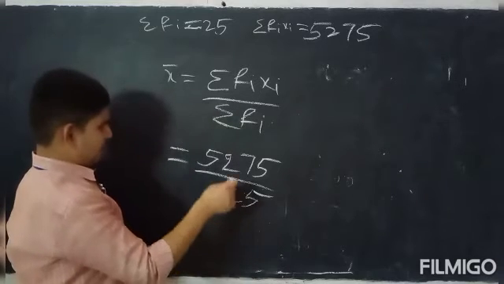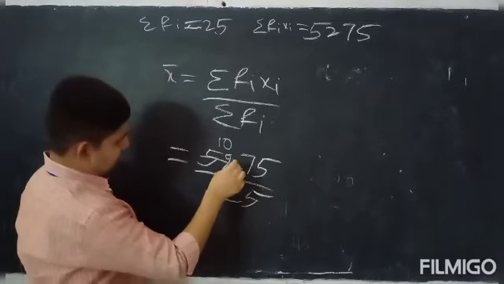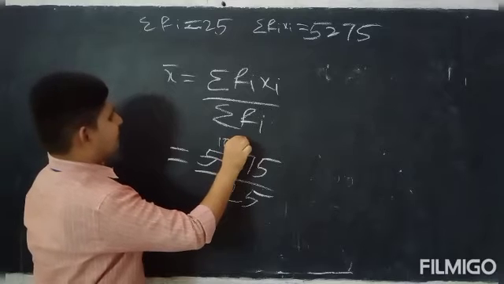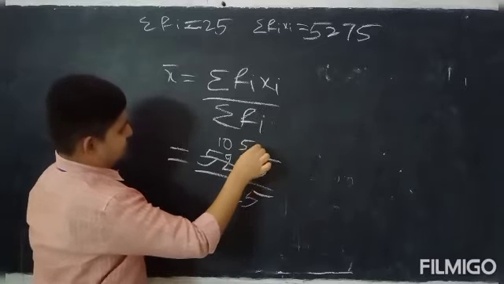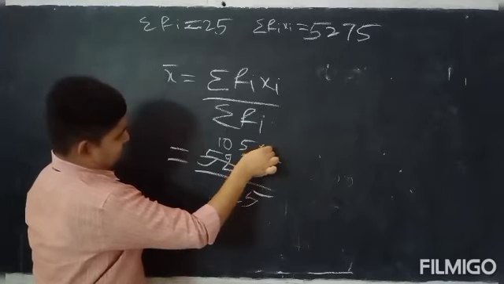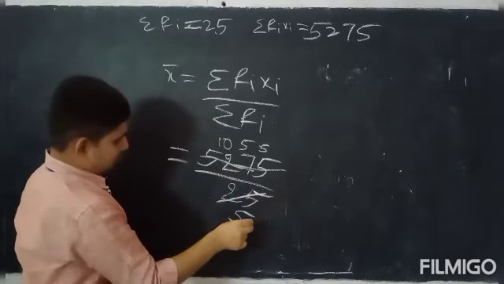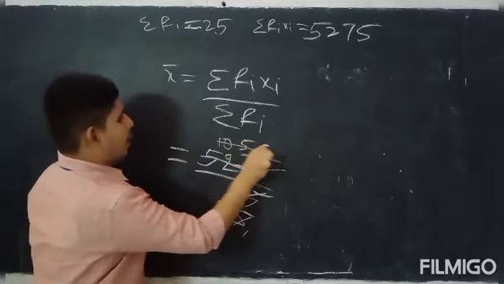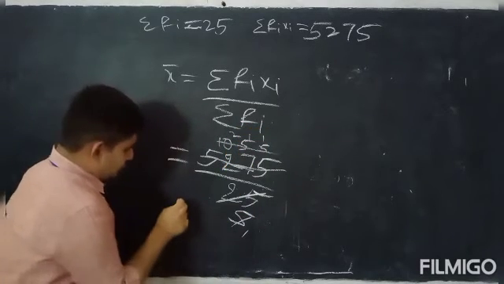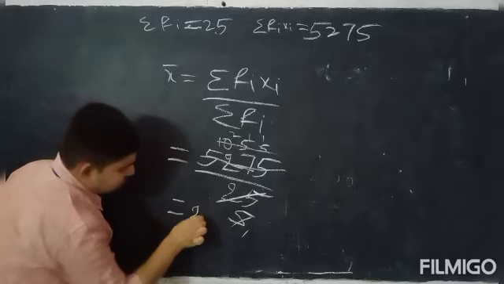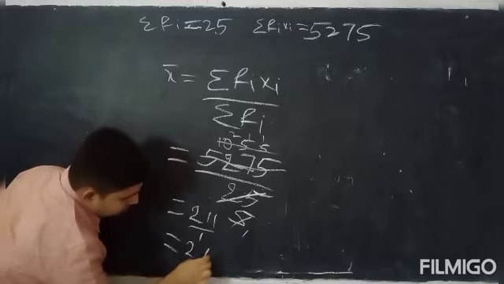Now simplify. 5275 divided by 25 gives 211.